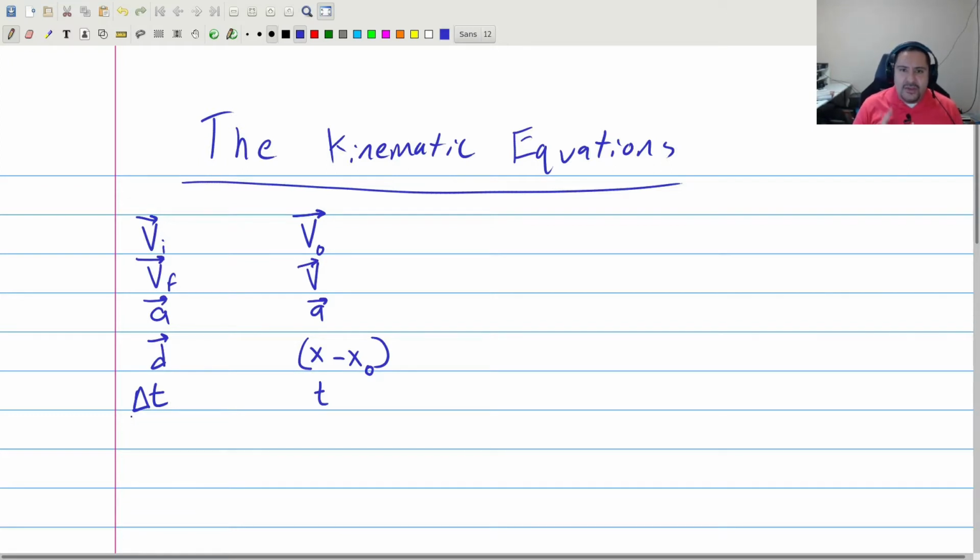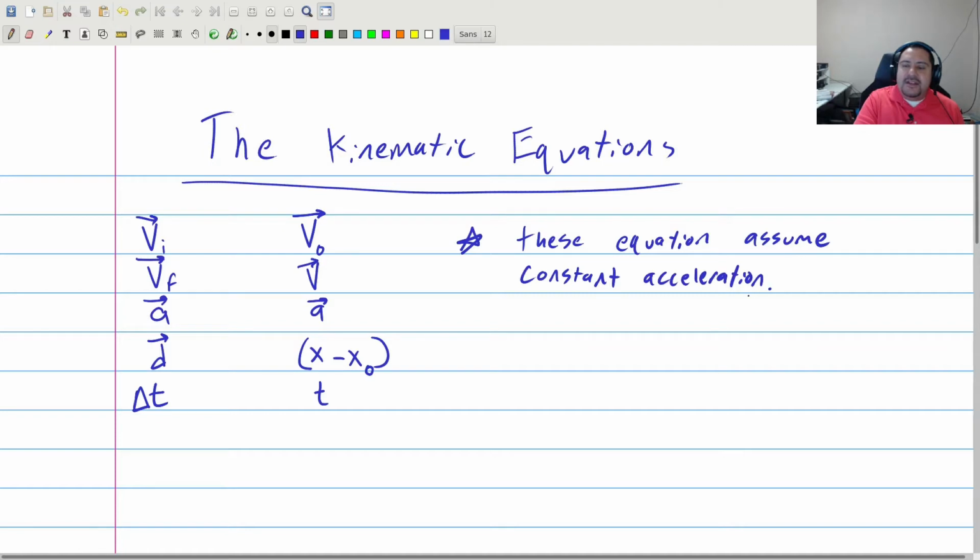But it turns out that there is one caveat about this, and that is these equations are going to assume constant acceleration. That means that the acceleration is not changing as these things are happening. So, these equations are going to assume that there's a constant acceleration of an object.